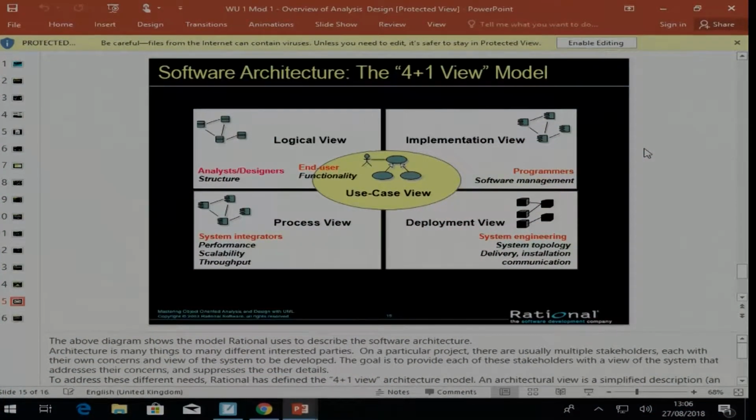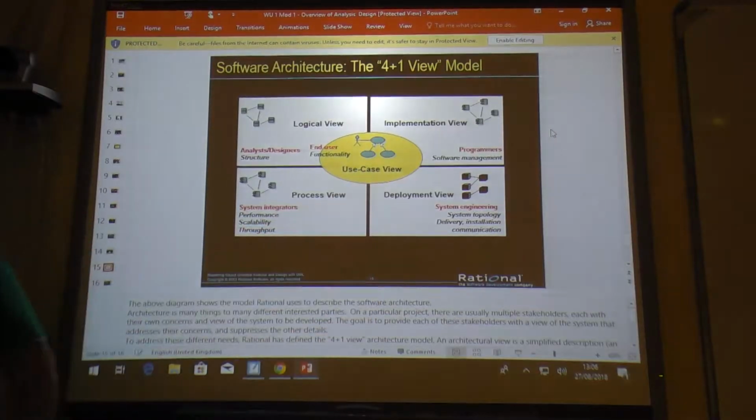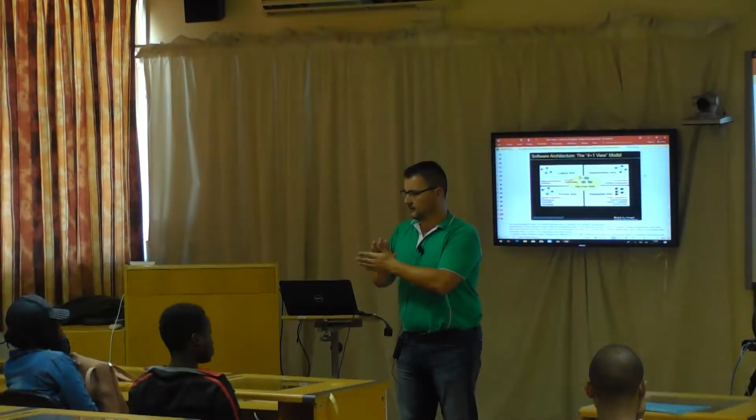Because for everybody who's part of the system, they are looking at the use case, the actual end functionality. Are they getting the use case which they said, this is the functionality of the system which they want? Are they going to get it?